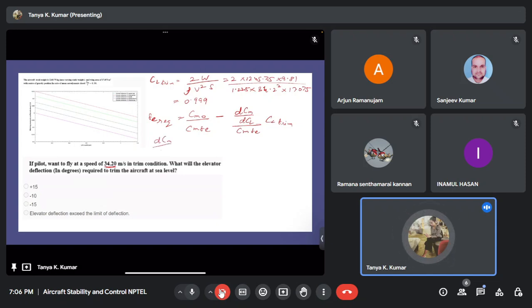So dCm upon dCl we have found as 0.15, correct?